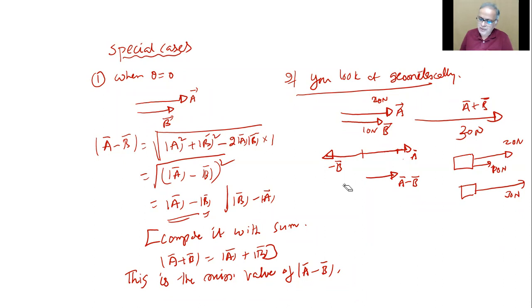On a block, if you apply two forces like that, there's no physical meaning in subtracting forces. Supposing you subtracted, you got a 10 Newton force like this. What is the meaning of it? The net force is 10 Newtons.